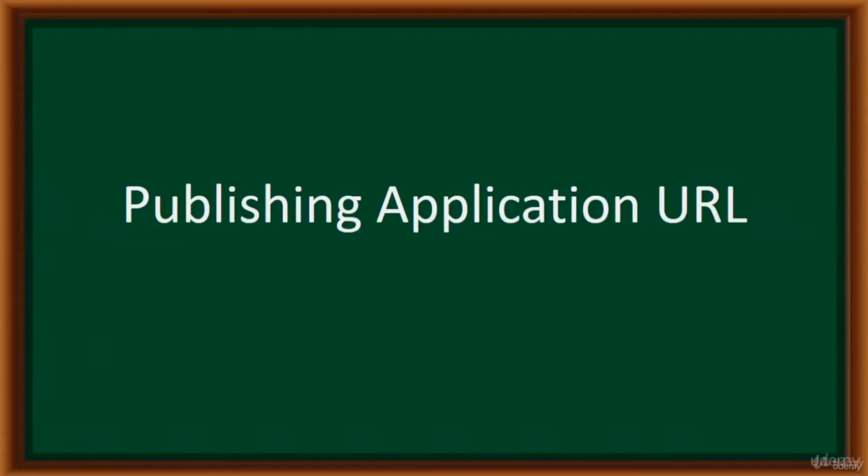Bye. In this lecture, we are going to publish the application URL, which stands for Universal Resource Locator. This is so that the end users of this application will know how to access the application.